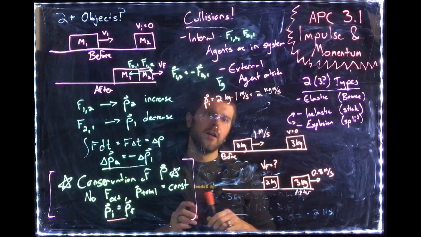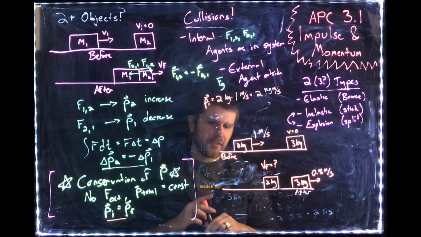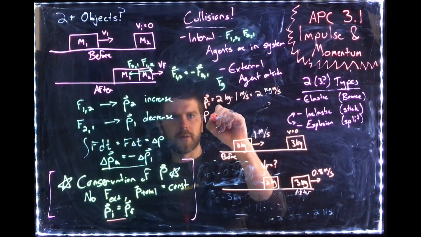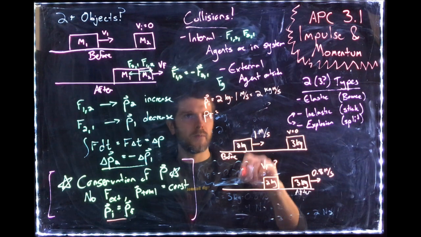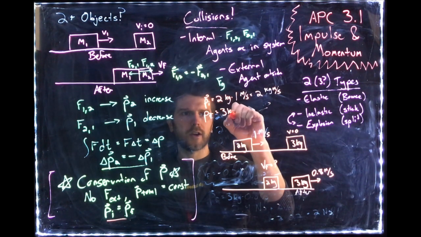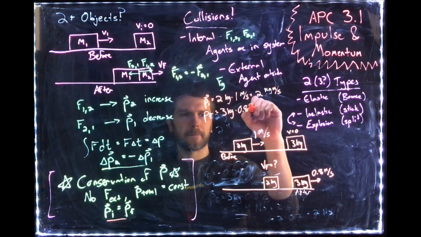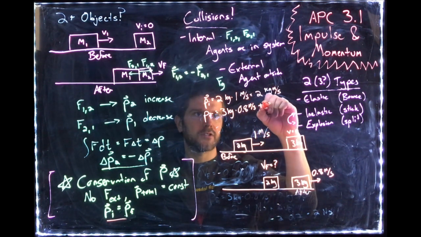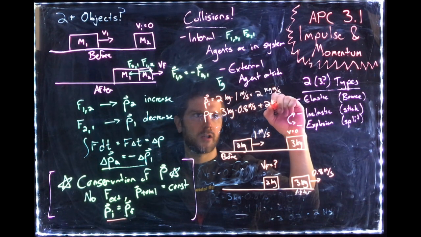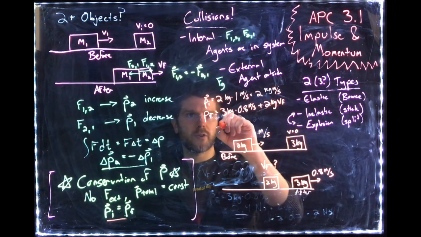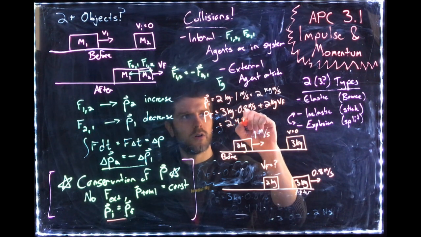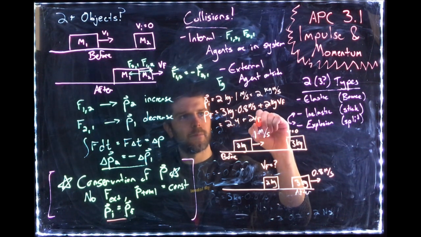At the end, for our final momentum, we have 3 kilograms times 0.8 meters per second. And we don't know what's happening with the 2 kilogram block, so we'll just write plus 2 kilograms times VF. So I'm going to write this as 3 times 0.8, this is 2.4, plus 2 VF.